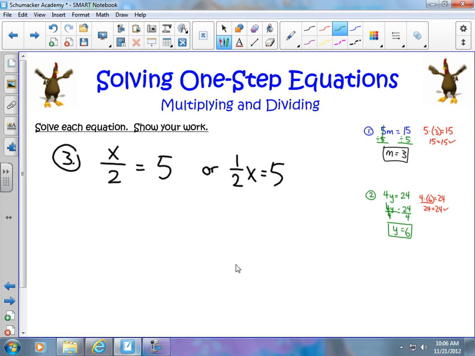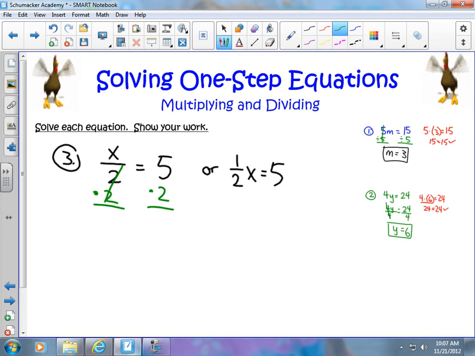Now I'm going to show you two different ways. Again, hopefully it will make sense to you one way or the other, but the key thing here is to realize you're undoing division by multiplying. That is the key. Now I allow my students to just go ahead and write down times 2 over here, and then times 2 over here, because if I'm dividing by 2 and I multiply that by 2, they cancel out because they're inverse. That may seem a little confusing to you. I will show you another way that hopefully will make more sense to you if that is confusing.